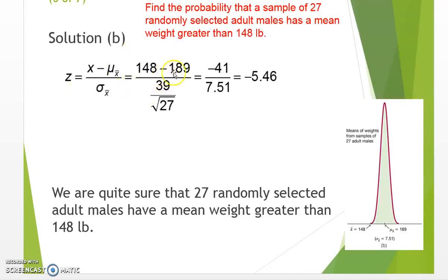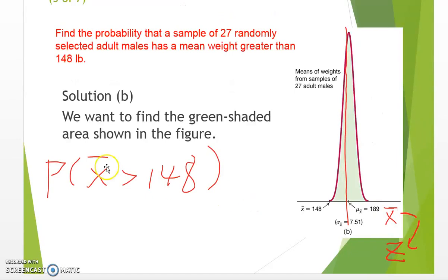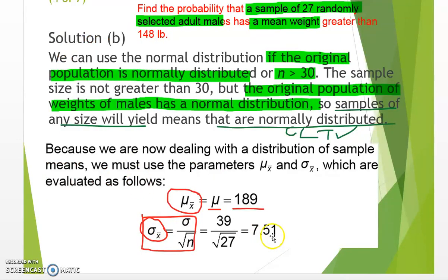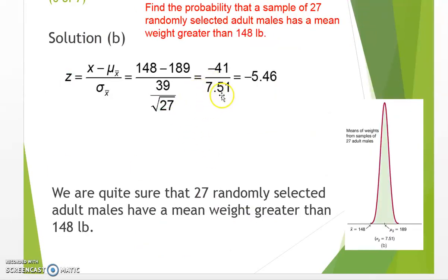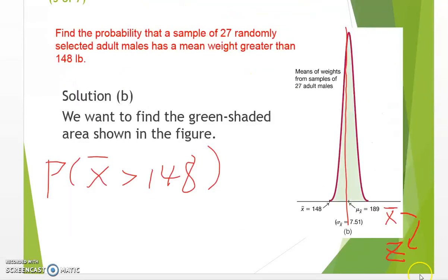In this case, the mean of the sample mean is going to be 189, as we see here. And sigma x bar, as we just did in the previous section, is going to be 7.51, which is 39 divided by root of 27. So that's what we are going to put over here, 7.51. So the z-score for that x bar is going to be negative 5.46.